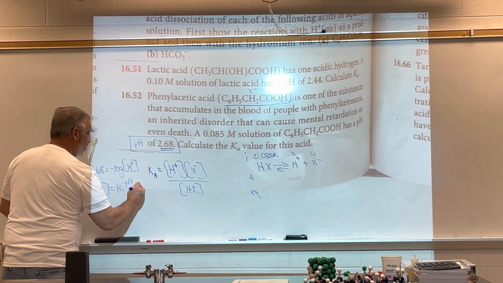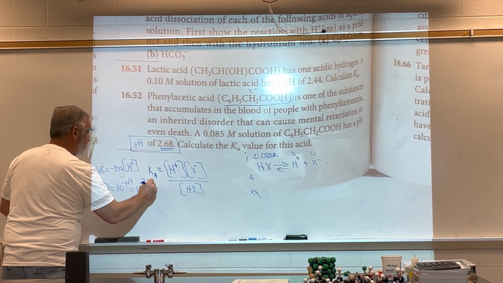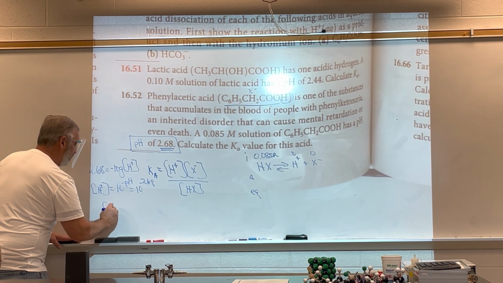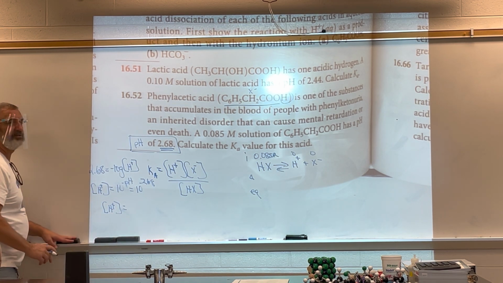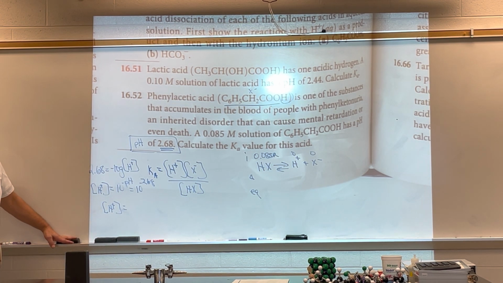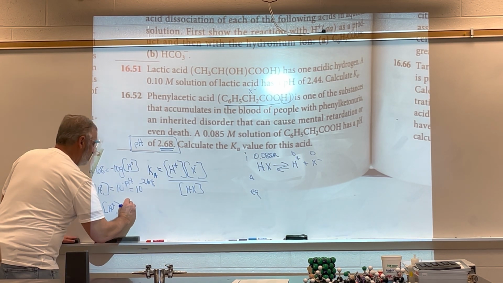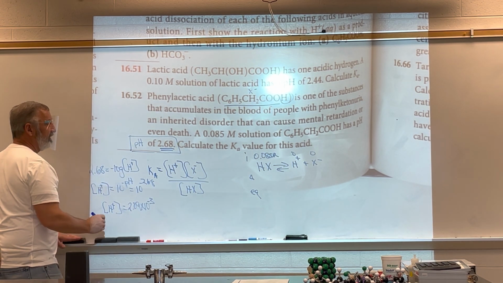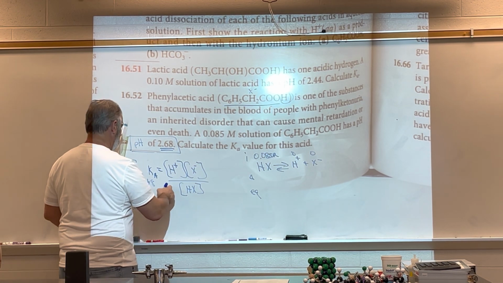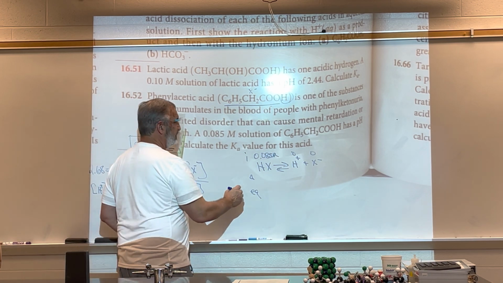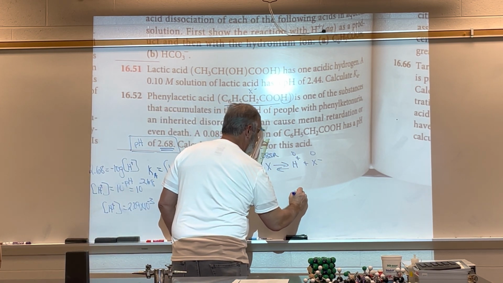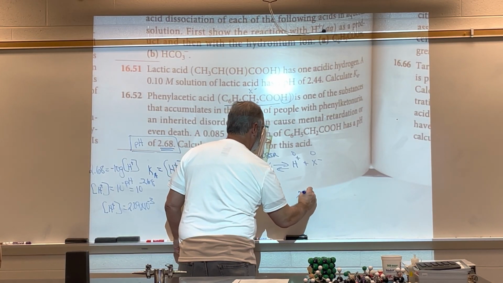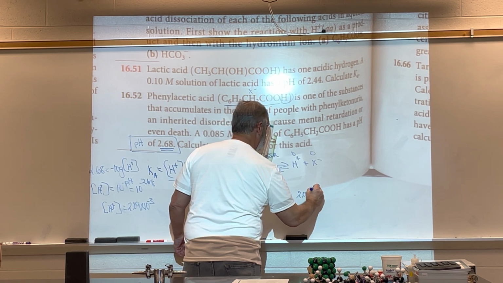So it's equal to 10 to the negative 2.68. So my H plus is equal to 2.09 times 10 to the minus third, at equilibrium.